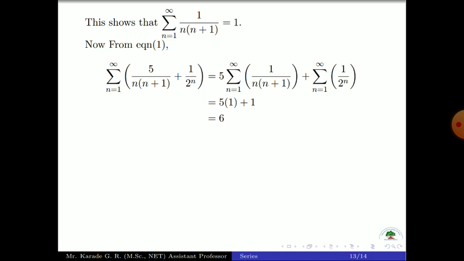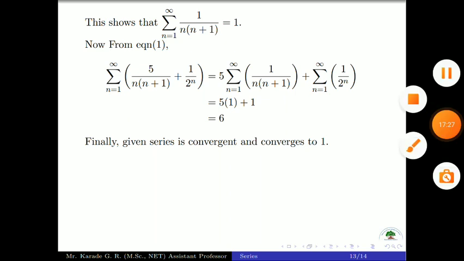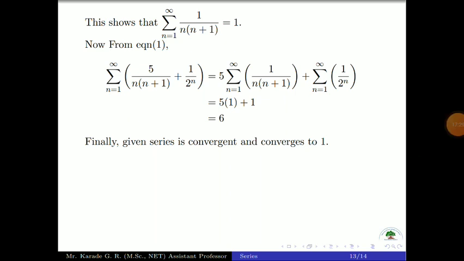Therefore the given series is convergent and converges to 6. Finally, the given series is convergent and converges to 6, and not 1.